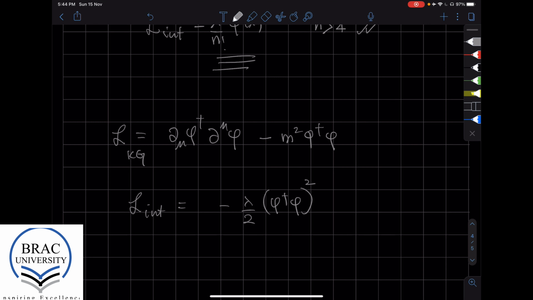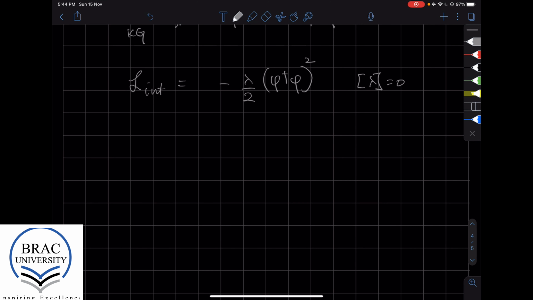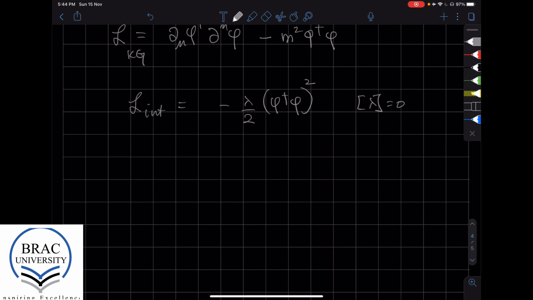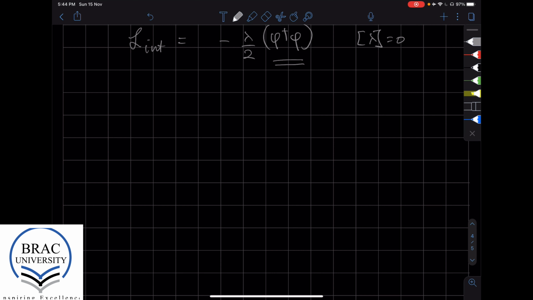For such a quantum field theory, lambda will also have the mass dimension 0. So what would be the form of the potential? We have to draw a 3-dimensional picture. Since now the field is a complex scalar field, we have to draw it in a 2-dimensional plane. So this could be the real part of phi, and this could be the imaginary part of phi.